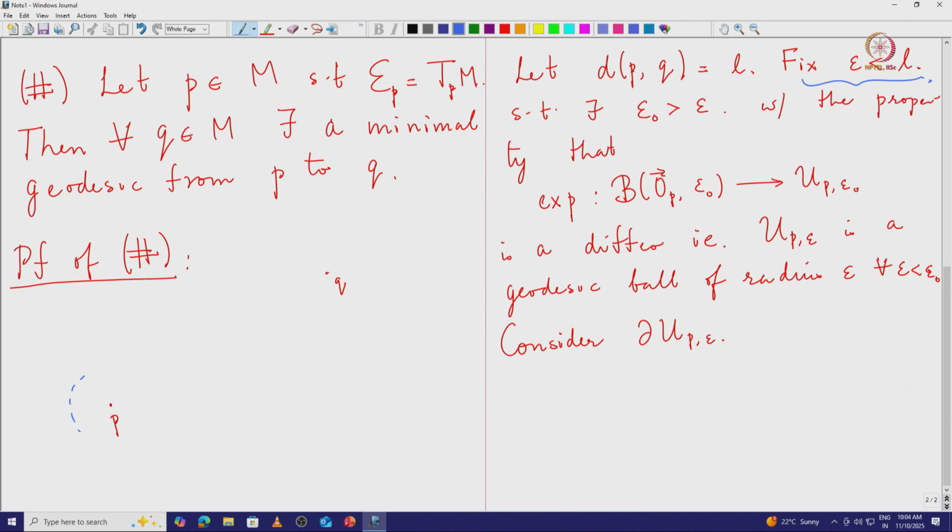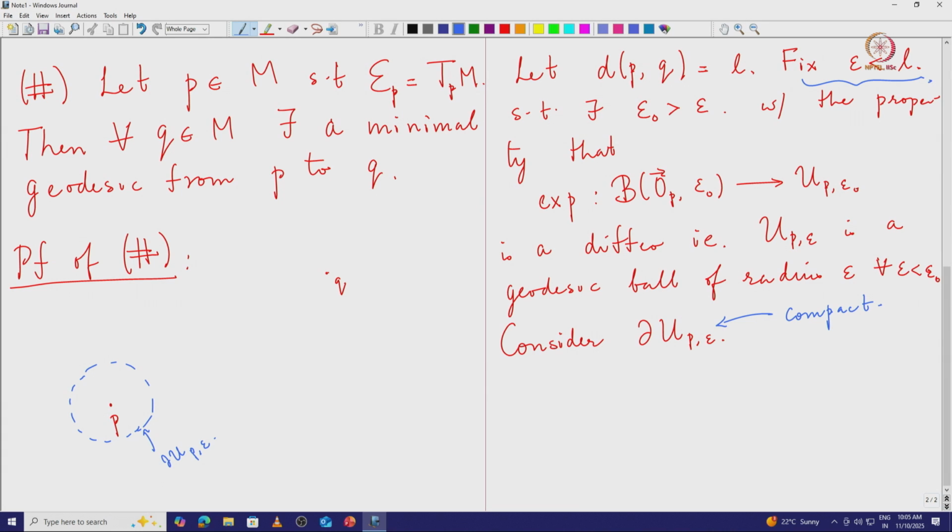So let me draw it here. Okay, so this is the boundary. Now because this is the diffeomorphic image of a boundary of a ball in the tangent space, this is going to be compact. So note that this is going to be compact.